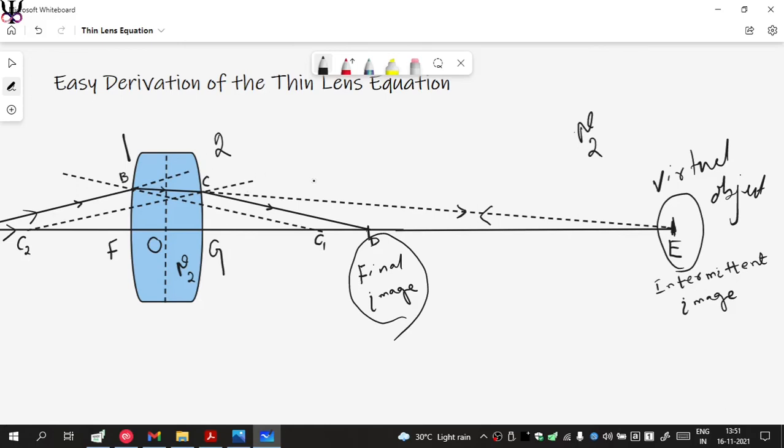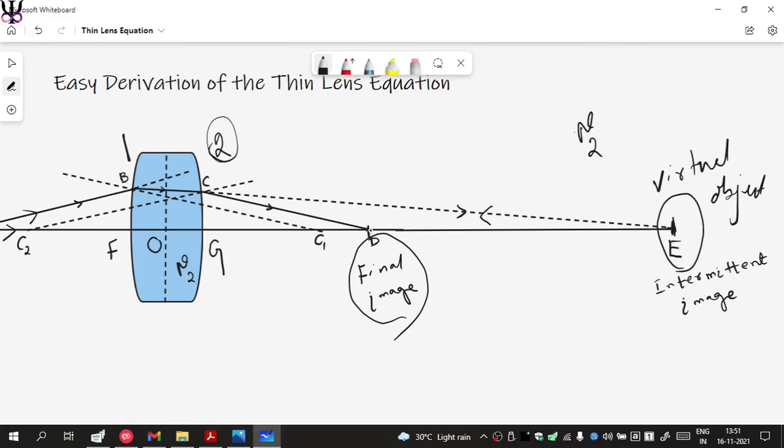The easiest way to understand is that the virtual object actually never forms. That is why you call it a virtual object. The intermittent image would have formed had there not been an interface at 2, but it is there. That means instead of forming the image at E, the ray would further bend and meet the principal axis at D, where the final image would be.